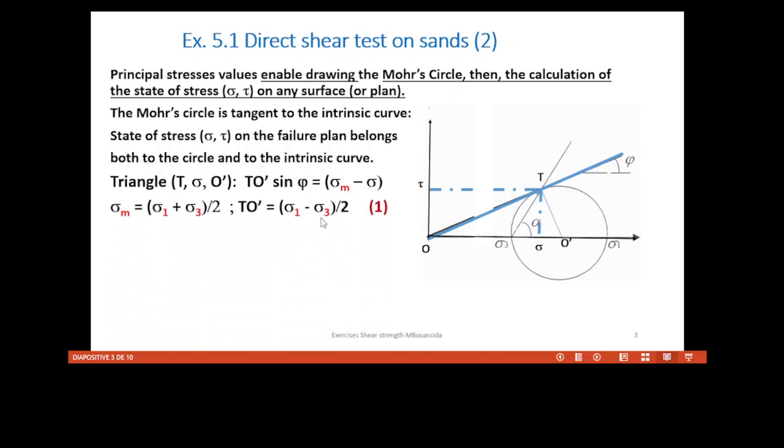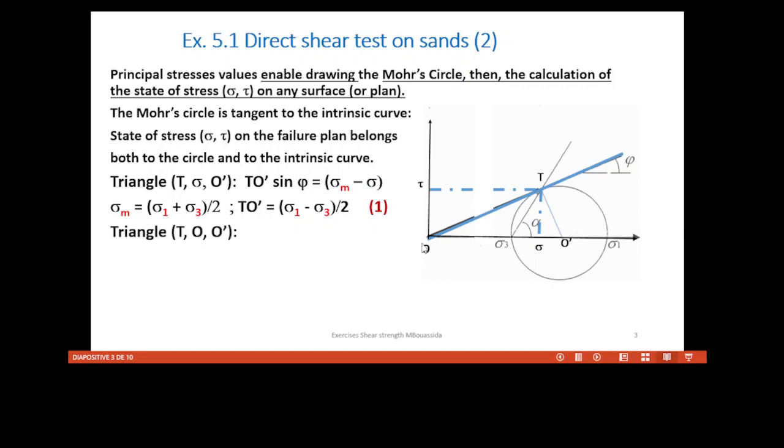We substitute sigma m by sigma 1 plus sigma 3 over 2, and T O dash is the radius, that is the difference between the major and minor principal stresses over 2. This is the first relationship.